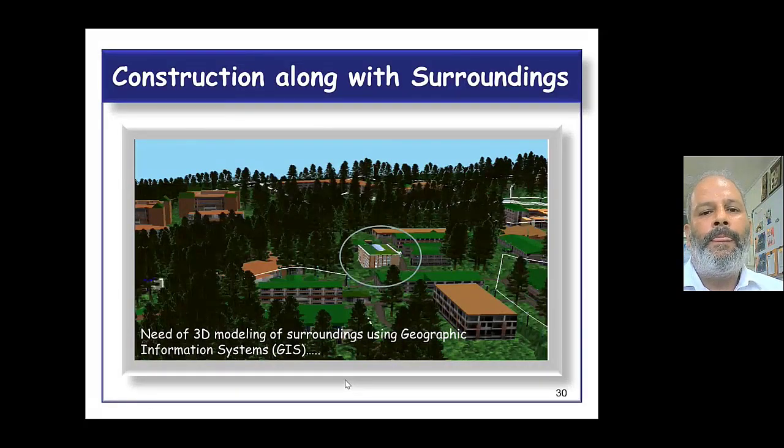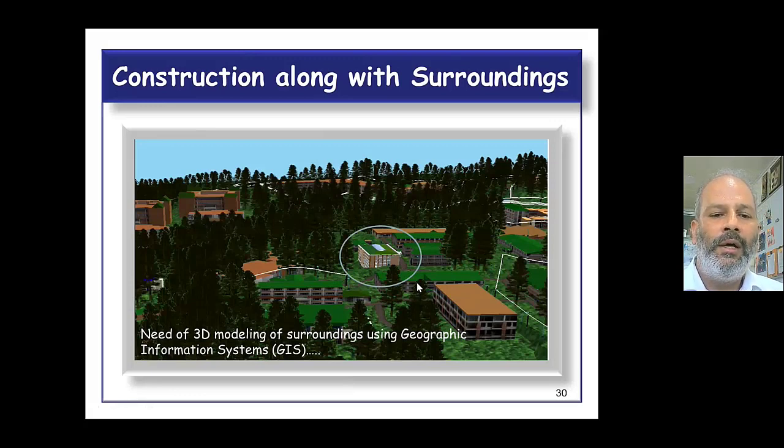Now, this is a particular building which has been circled, and that building has been developed in some building information modeling software, and it has to be placed in its surrounding, and that surrounding has been modeled using geographic information system.